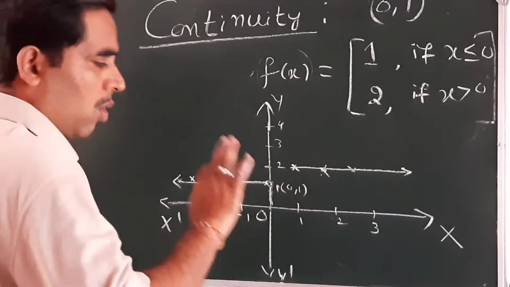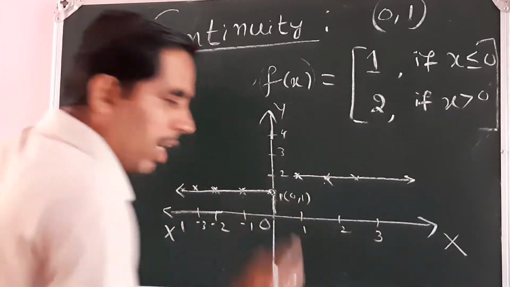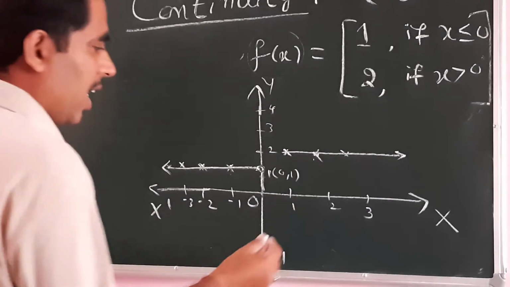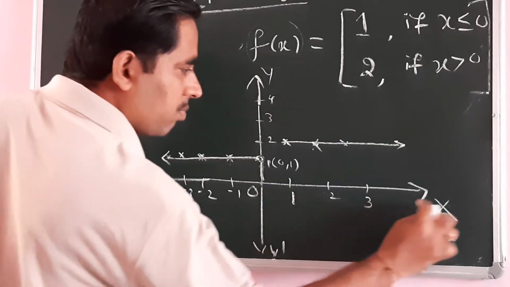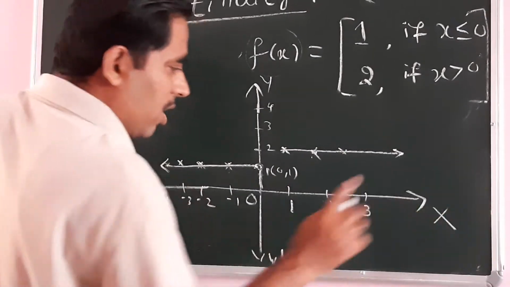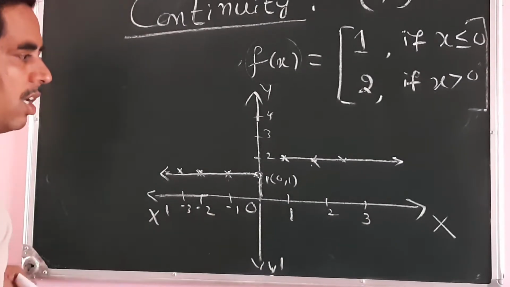So what is happening to the right side of 0 and to the left side of 0? We can observe these two points carefully. These are the positive values 1, 2, 3. Then these are the negative values -1, -2, -3. Observe carefully.